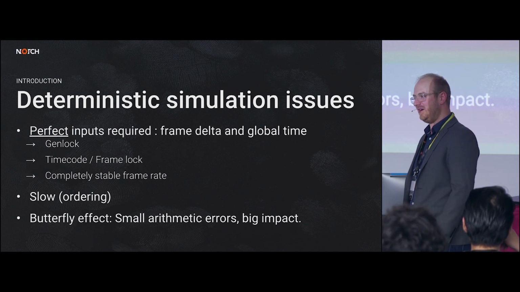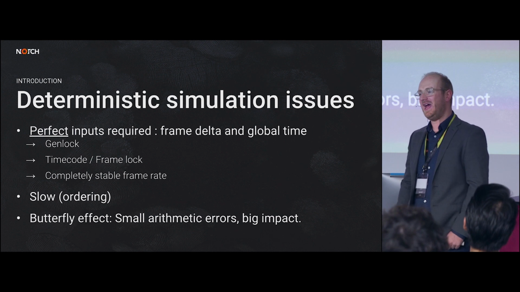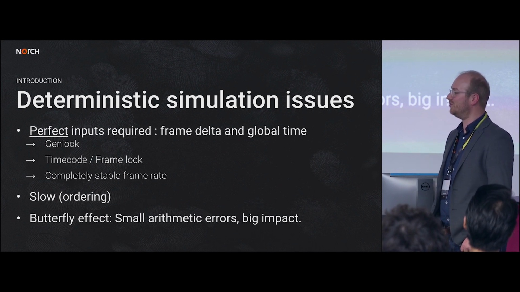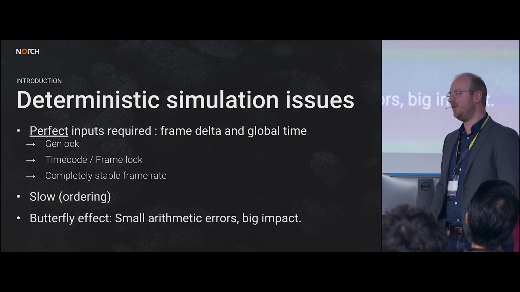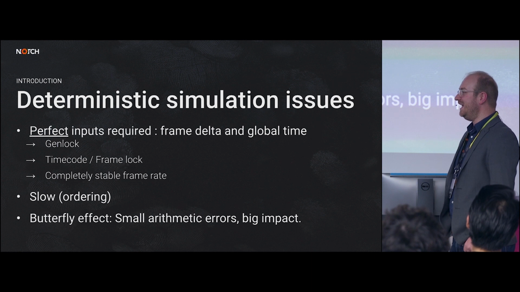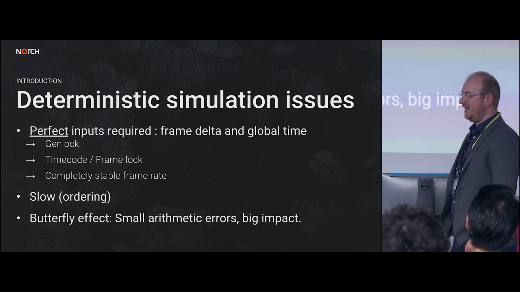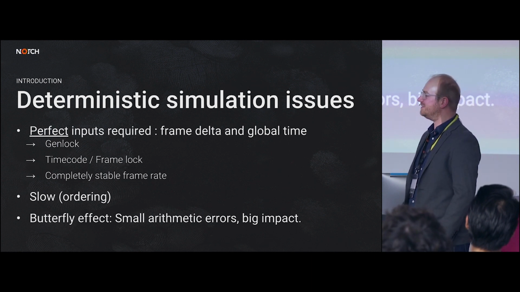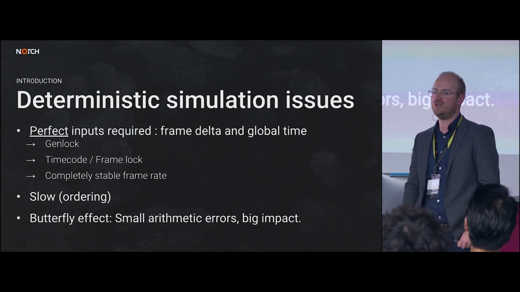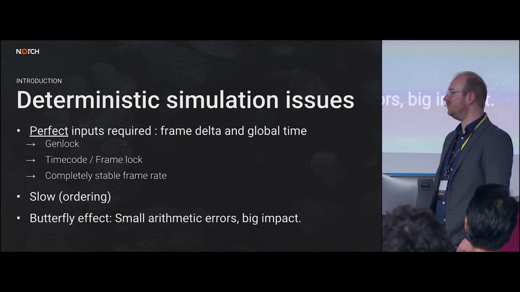It's also really slow for a bunch of reasons I'm not going to delve into, but you have to order all the particles and have them mathematically processed in a certain ordered rate. And that's actually really slow and not very efficient on the GPU. And then there are occasions on various different GPUs where you can get small arithmetic errors, especially if you do certain types of instructions out of order.